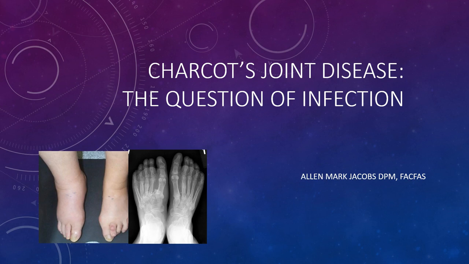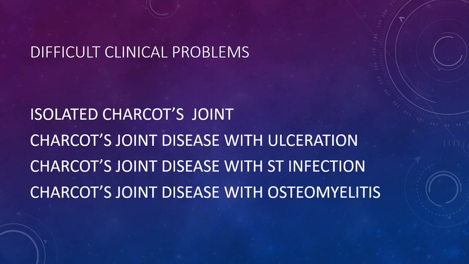Obviously, this is a difficult potential differential diagnosis in many patients, as the diabetic patient can present with an acute Charcot joint, Eichenholz stage 1 or possibly stage 2, and have redness and warmth and swelling, and they may have an associated wound. So we have some difficult clinical problems to examine.